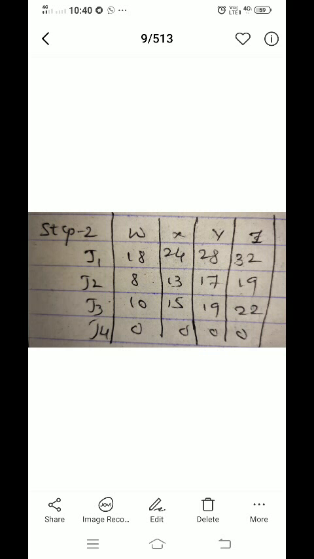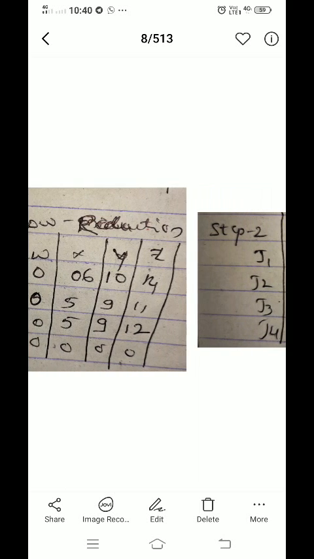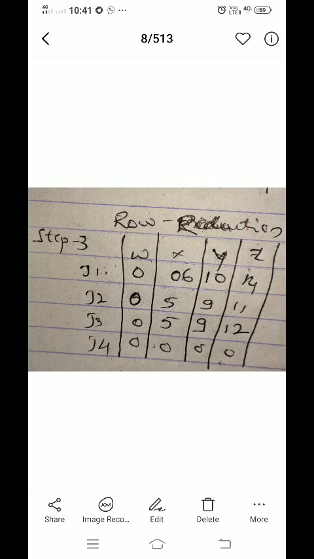Keep it as it is. Now we have to reduce 18 from 24, 28 and 32. 18 minus 18 is 0, 24 minus 18 is 6, 28 minus 18 is 10 and 32 minus 18 is 14.